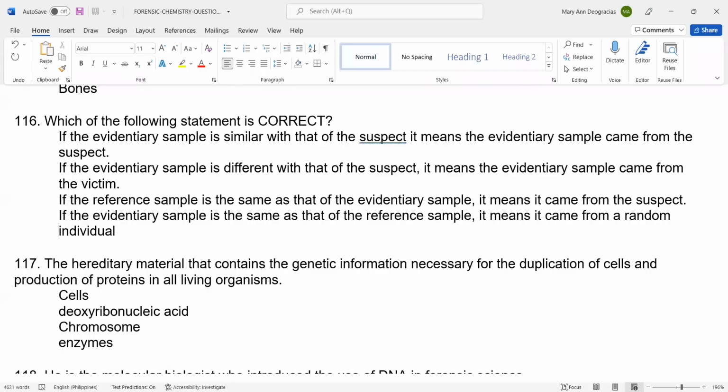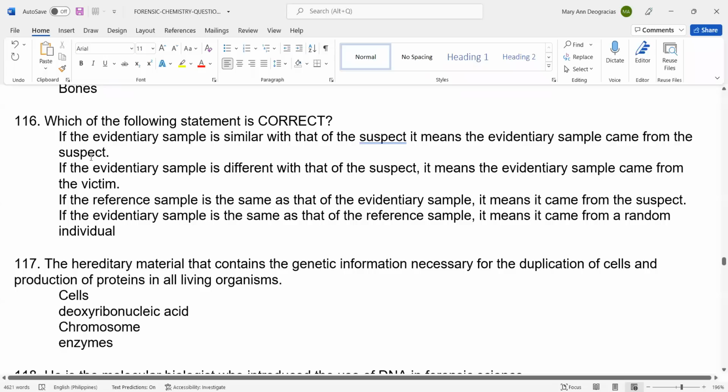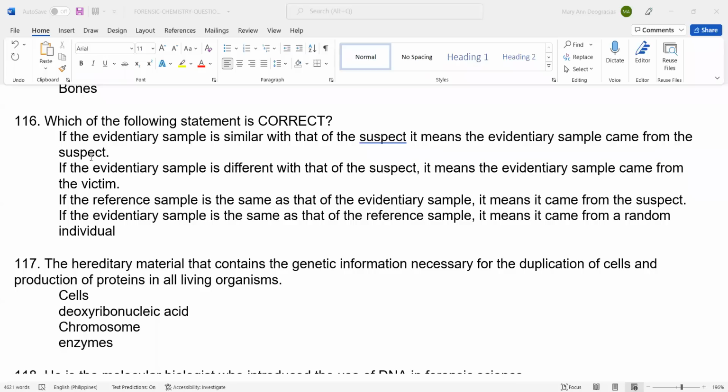D. If the evidentiary sample is the same as that of the reference sample, it means it came from a random individual. Ano yung pinakatamang statement dyan? Letter? This is a matter of fully understanding it. Okay, ang sagot letter A. So our answer is letter A.